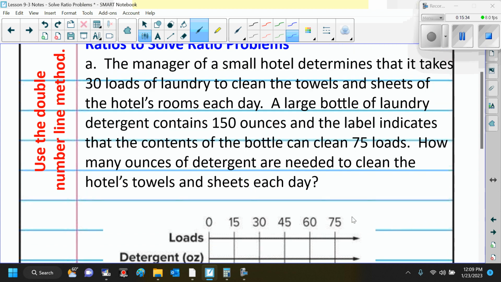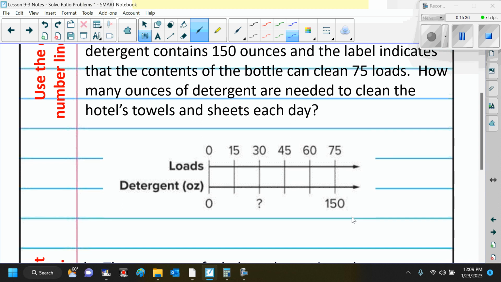So here, you guys, this is the double number line that is created from that problem. So we want to get to how many ounces for 30 loads, okay? The ratio that we're starting with is 75 to 150.